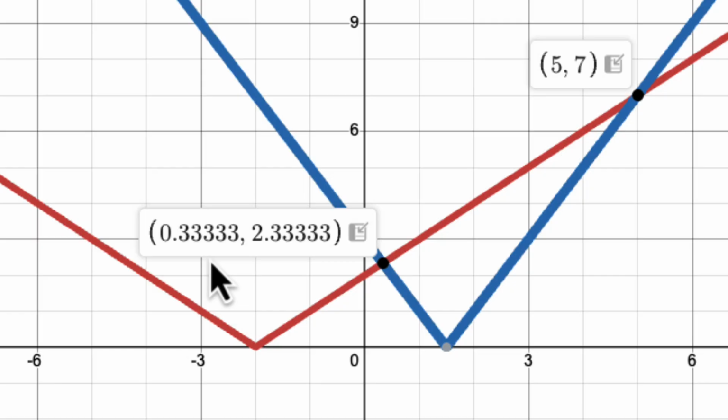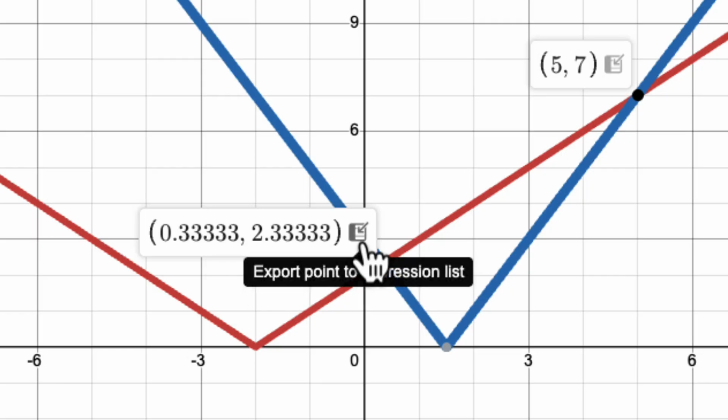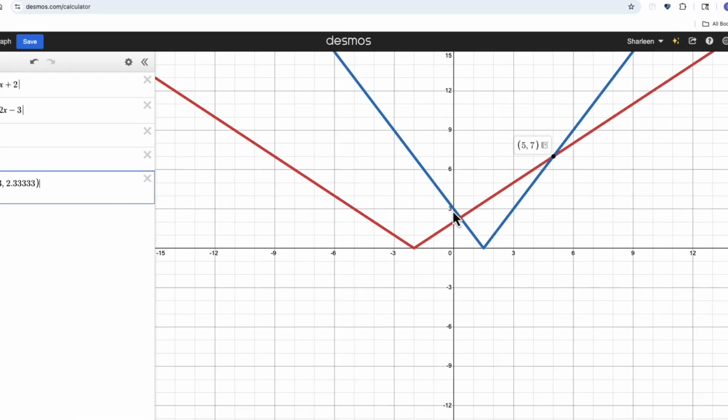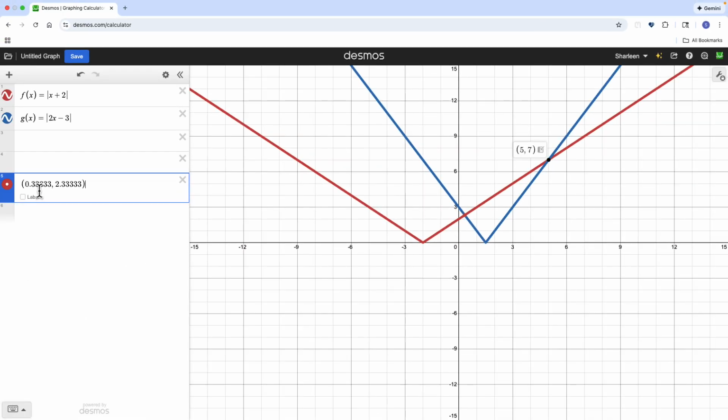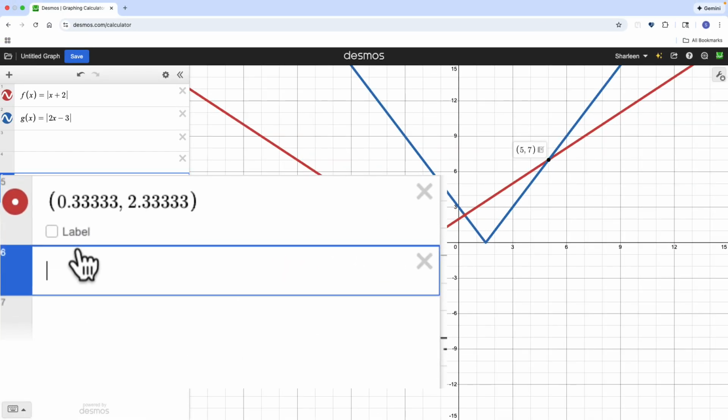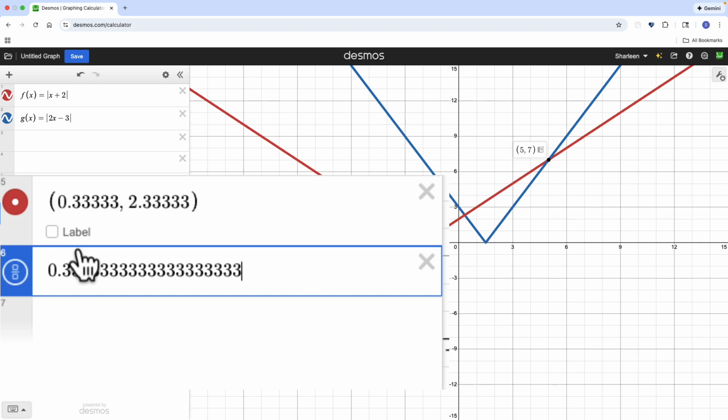If you're asked to express your answer as an exact value, you can use Desmos to convert this to a fraction. Click on the button to export this point to the expression list. So that entered the point into my list on the left-hand side. Below that, I'm simply going to type in the decimal 0.33333 repeating.